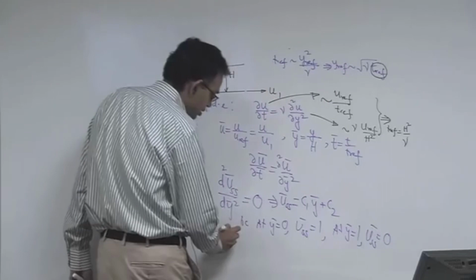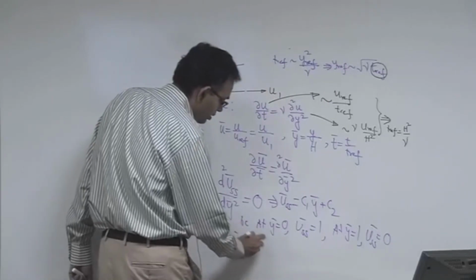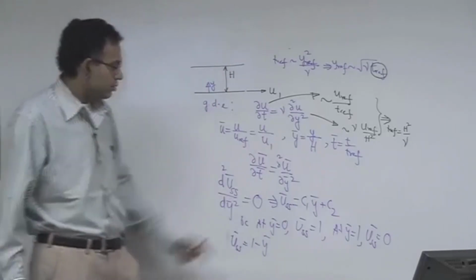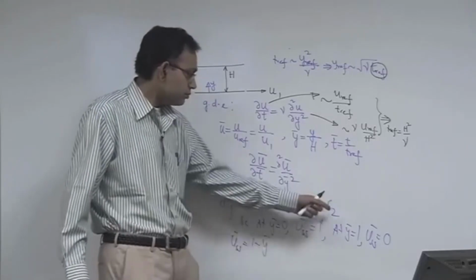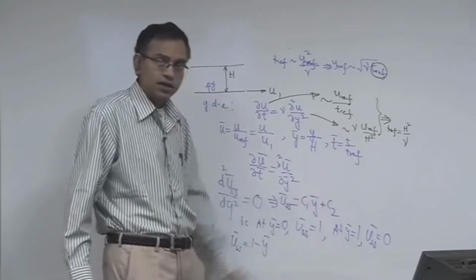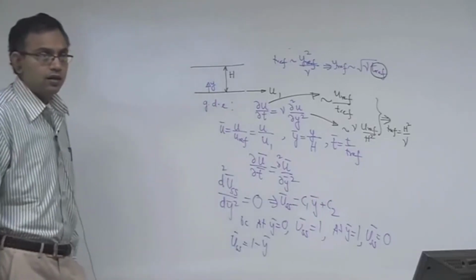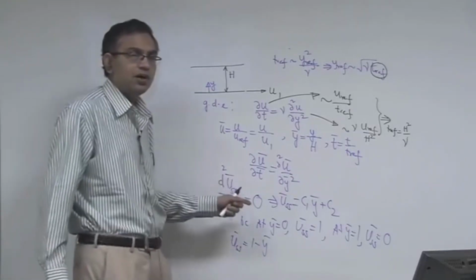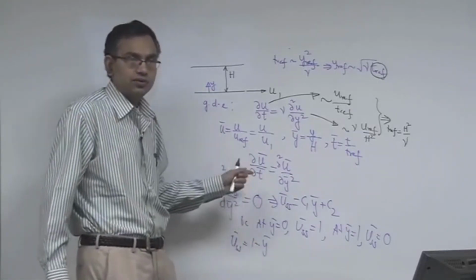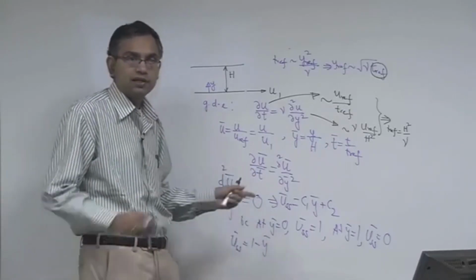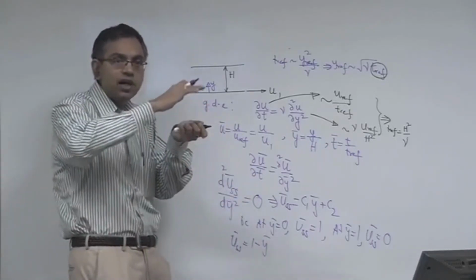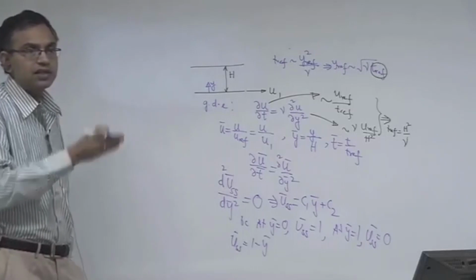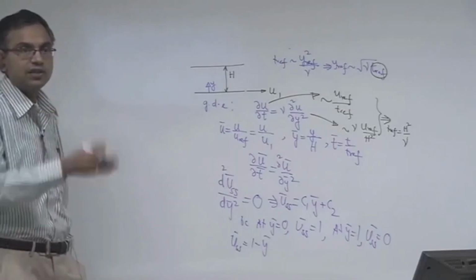So, the solution will be very straightforward, 1 minus y. Just plug in C1 and C2: C2 is 1 and C1 is minus 1. So, this is the steady state solution, and this is the solution typically for the steady state Couette flow that you learn in undergraduate fluid mechanics. You have two parallel plates, one plate moves relative to the other with a velocity, you have a linear velocity profile in between, if the velocity profile is translationally invariant along the x axis, that is, a function of y only.